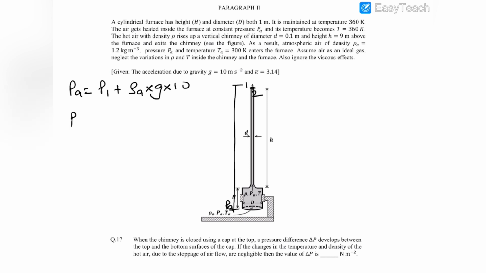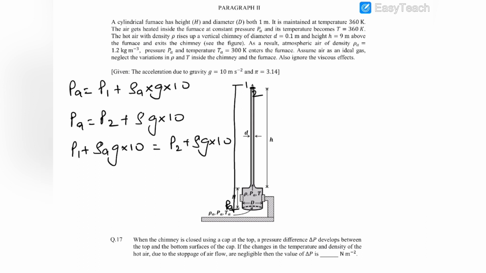And pressure at this point inside the chimney is also PA. So PA is also equal to P2 plus rho inside the chimney and G into 10. Okay, so P1 plus rho A G into 10 is equal to P2 plus rho G into 10. So you can see that rho A is greater than rho.